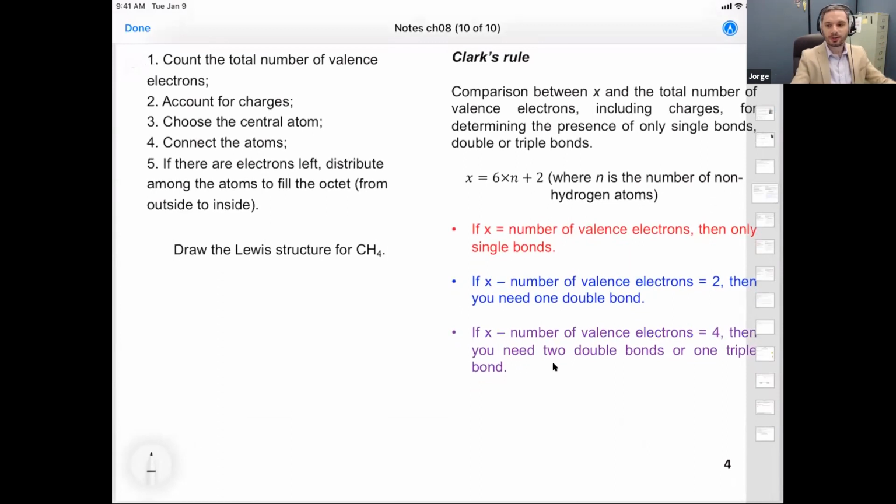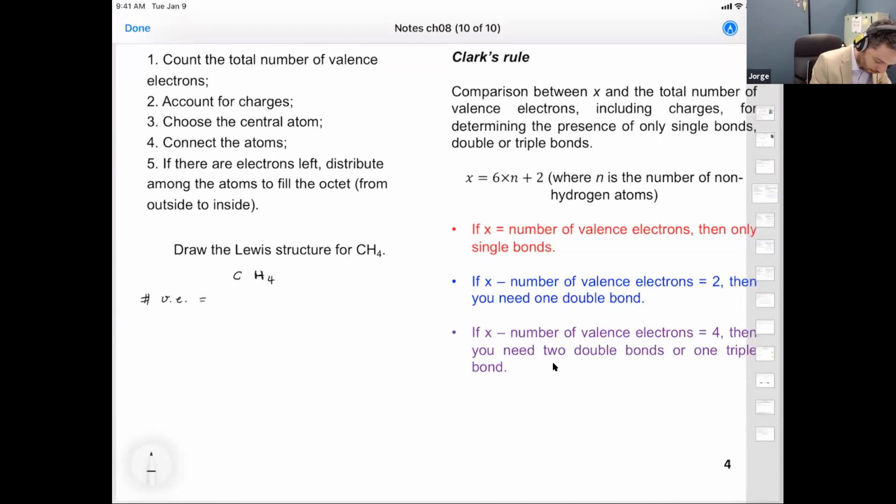All right, very good. So let's start counting the total number of valence electrons. So we have here CH4, 1 atom of carbon and 4 atoms of hydrogen. You always should have a periodic table next to you to help you find the number of valence electrons. So the total number of valence electrons is going to be equal to the number of valence electrons for each atom added up over the structure.